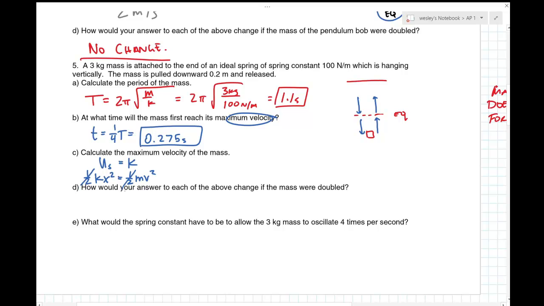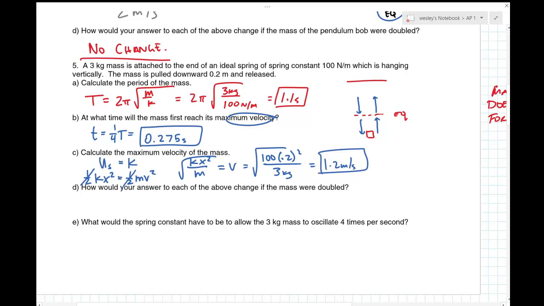The halves go away, and I get the square root of kx squared over m is equal to my velocity. So the velocity is the square root of 100 times 0.2 squared divided by the mass of 3 kilograms. That velocity comes out to be 1.2 meters per second.